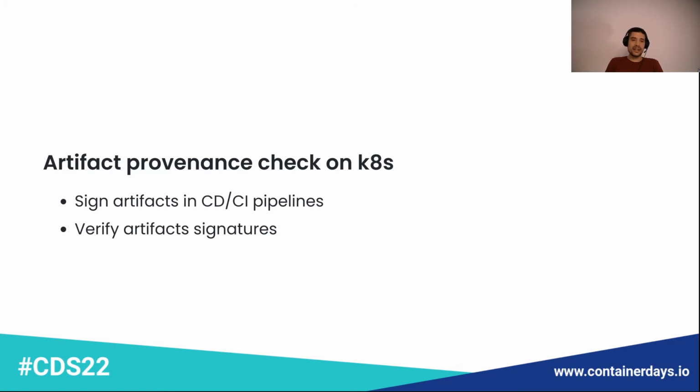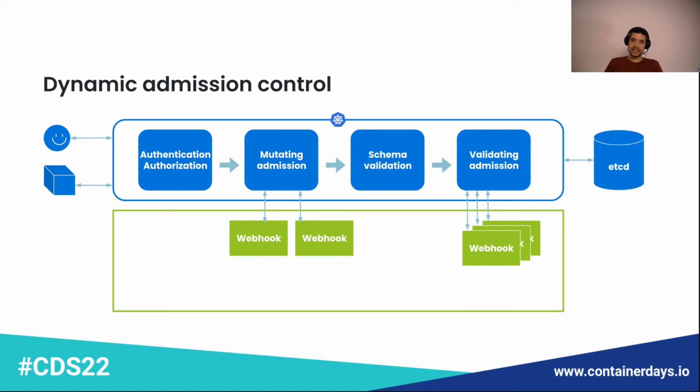Then we need to verify these signatures. We have to do that inside of Kubernetes using a dynamic admission control, so we make sure that a pod that doesn't contain a verified image doesn't reach our production cluster. With that, I would like to hand over to Victor, who will tell us more about this dynamic admission control.